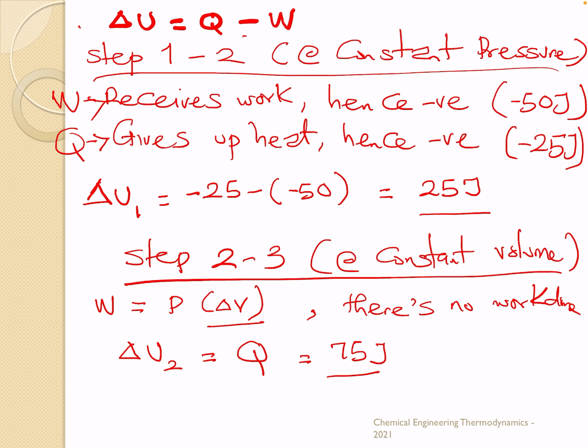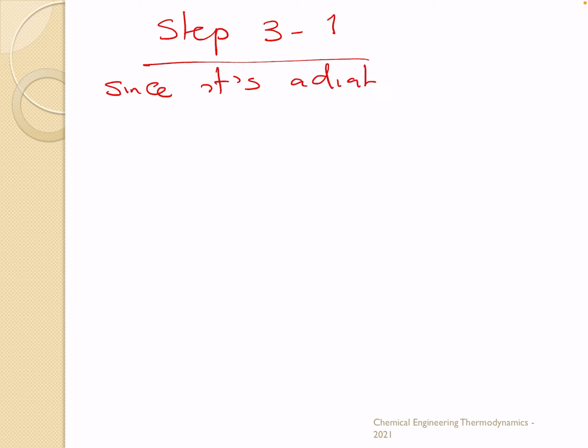Let's move on to the third stage, step 3 to 1. At this third stage, since it's adiabatic, as we discussed in class the other time, there is no heat exchange between the surroundings and the system. So our Q will be equal to 0.